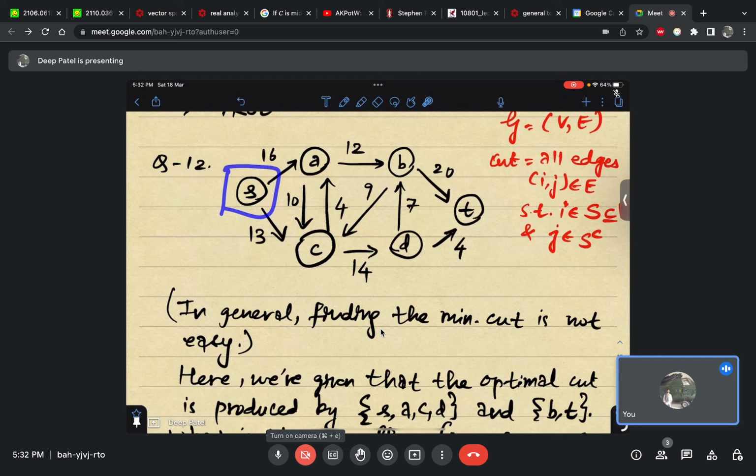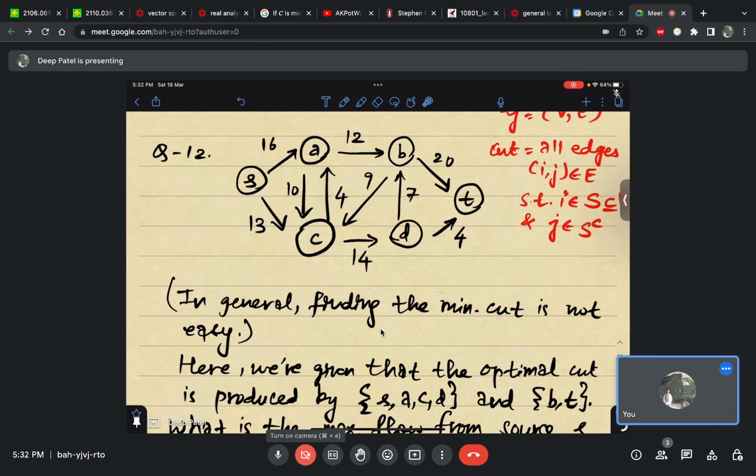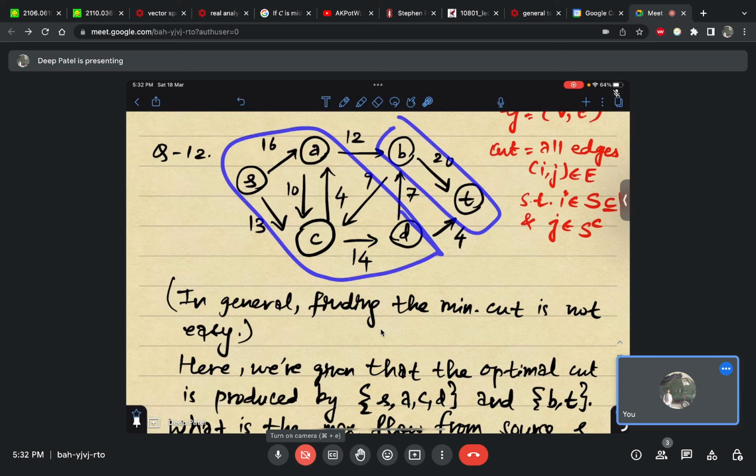We go from S to T for maximum flow. How can we do that? You just exhibit the cut on the graph and see which edges it cuts. So what should be the cut? We know that this part is to be separated from this part, right?